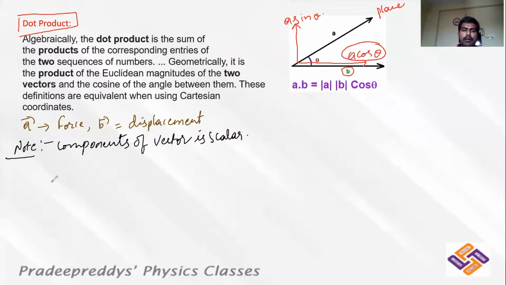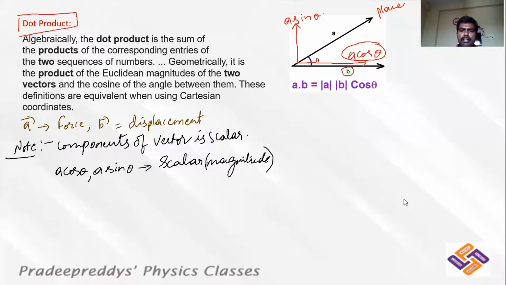That means a cos theta, a sin theta, these are scalars. They have only magnitude. Components are always along the x-axis or y-axis for any given vector. That's the reason why you can simply call them scalars. Components of a given vector are scalars.